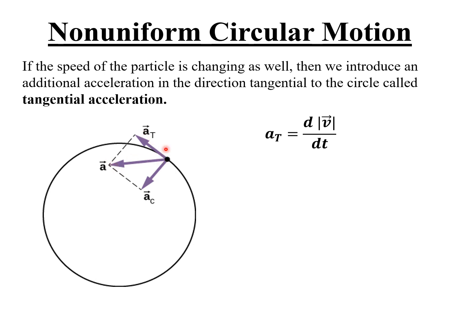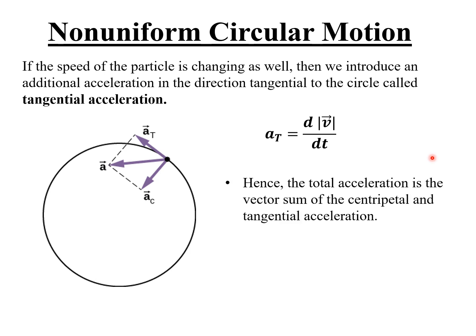And you can see that tangential acceleration is always at 90 degrees to centripetal acceleration. To figure out the tangential acceleration, we'll use our definition of acceleration, which is change in velocity over change in time. And therefore, the total acceleration in terms of vector, this is centripetal plus tangential.